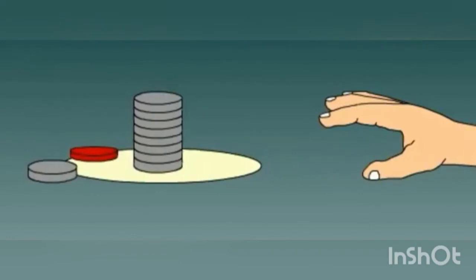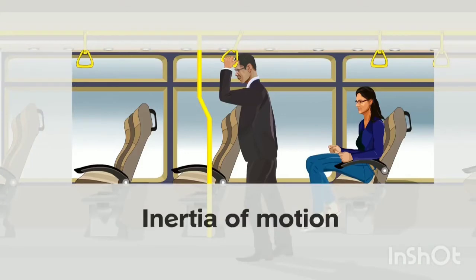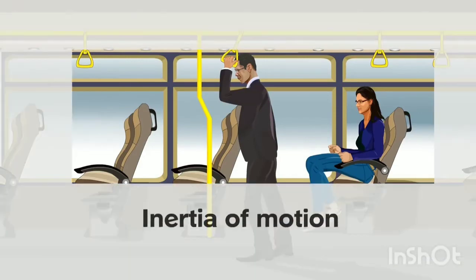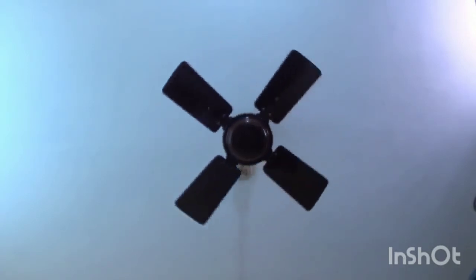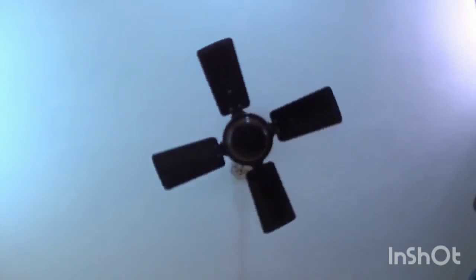The second type is inertia of motion. The inherent property of an object due to which its state of motion cannot change is called its inertia of motion. For example, a revolving electric fan continues to revolve even after it is switched off.